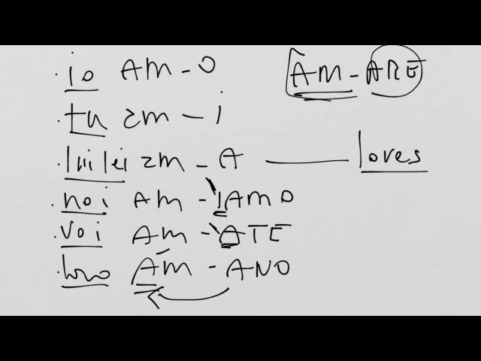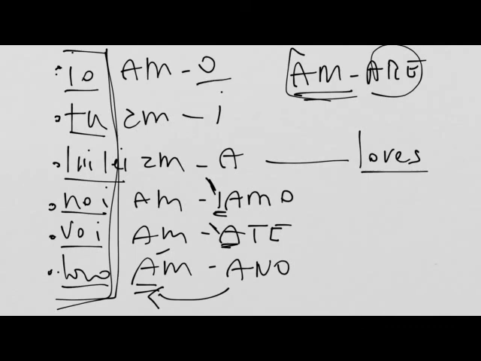All the other ones are identical. That's why in English you must always indicate the subject. Otherwise you don't know who is doing the action. In English you say love the cat, it could be I, you, blah, blah, blah. In Italian you can leave out the subjects. You don't need to specify what the subjects are, because the ending tells you who's doing it.